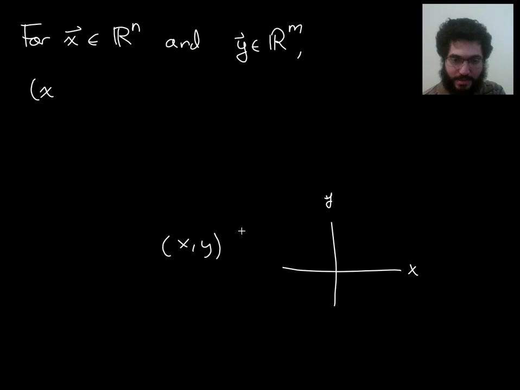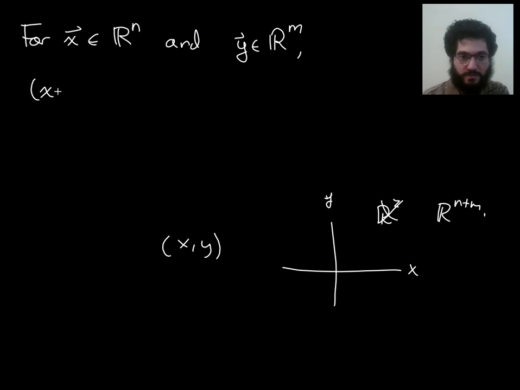Back in that video, x and y were real numbers. In general, x and y can be tuples with different numbers of entries. But we still want to talk about pairs (x, y), except instead of living in R^2 like here, they're going to live in R^(n+m).